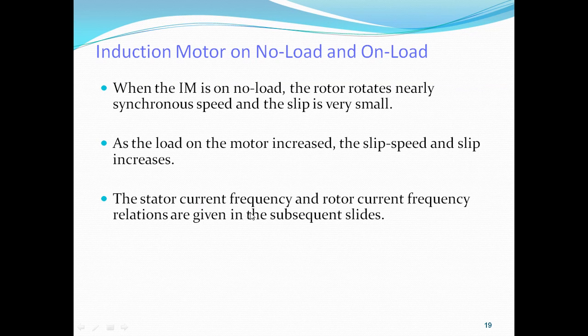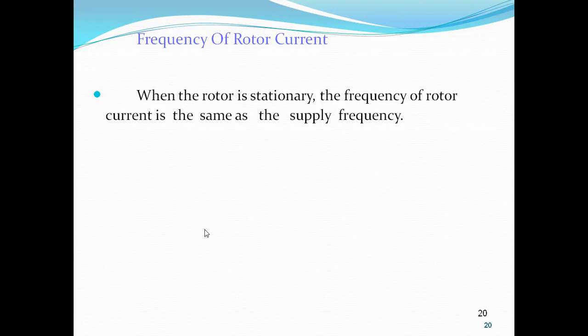So the stator current frequency and the rotor current frequency relations are given. When the rotor is stationary, the frequency of the rotor current is the same as the supply frequency.